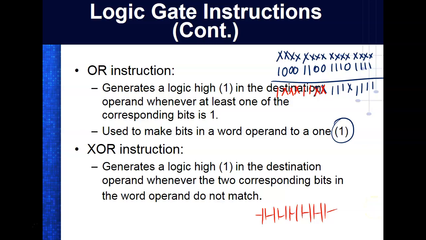I might have 8 contacts. Instead of trying to do that, I could bring my input in, that could be source A. I could bring the input data file into source A, and then I can match it off and make decisions on a bunch of stuff real fast without having to wire all the contacts in series and all parallel and stuff like that, which makes it a lot more efficient.